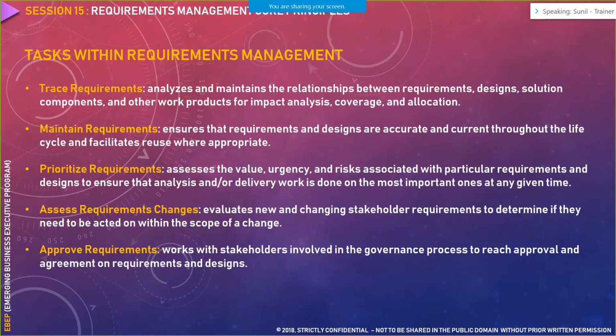Now, why does the requirement change its status? It's because of this governance process. The process that you have set in terms of approving your requirement, you have to follow that particular process throughout the project life cycle, and for every requirement that you write for that particular project, you have to follow the same governance process.